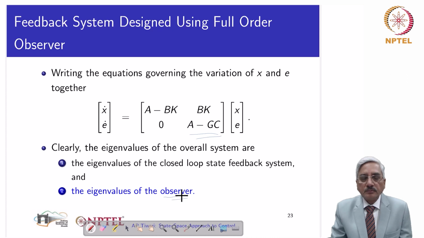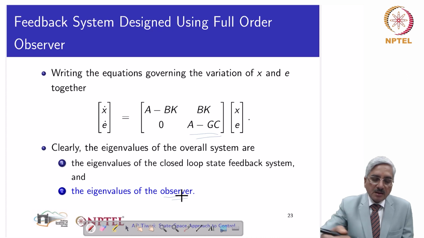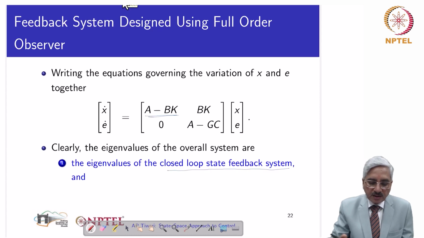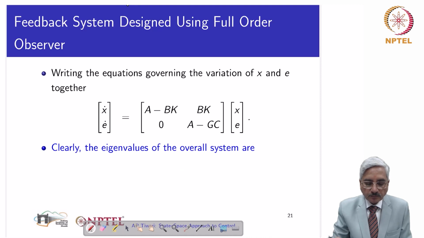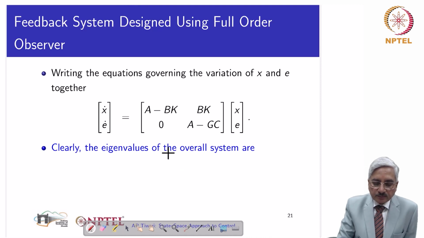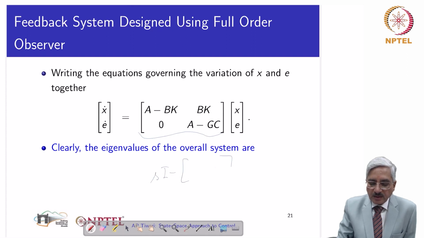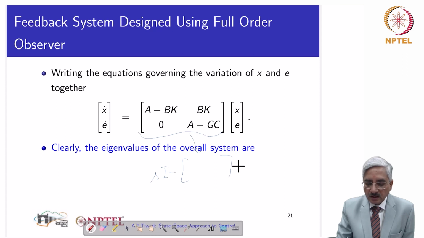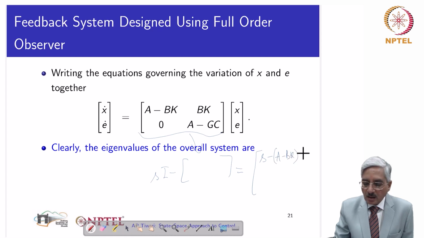For those who cannot pick up this point, for them we can do a small bit of calculation. This matrix sI minus this matrix will give sI minus A minus BK, minus BK, 0, and sI minus A minus GC.